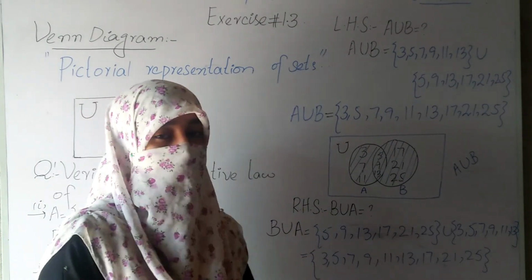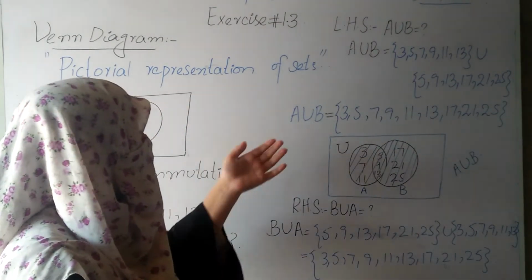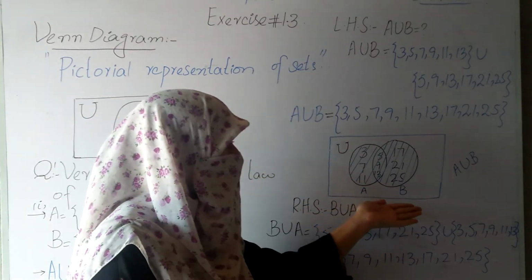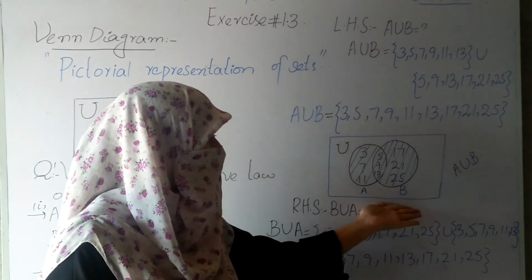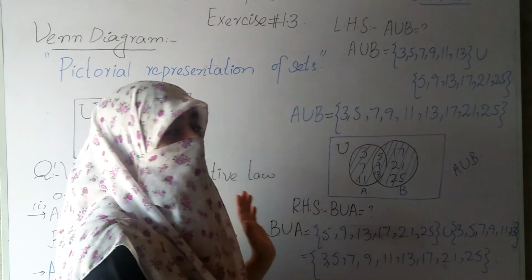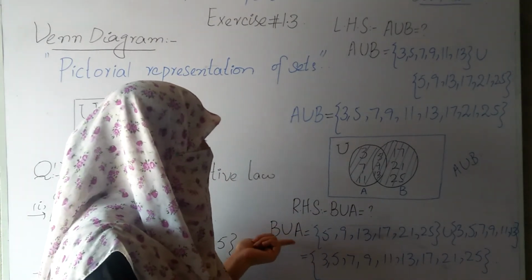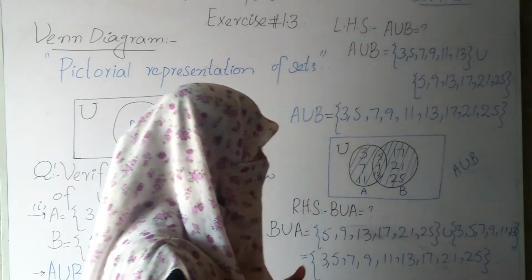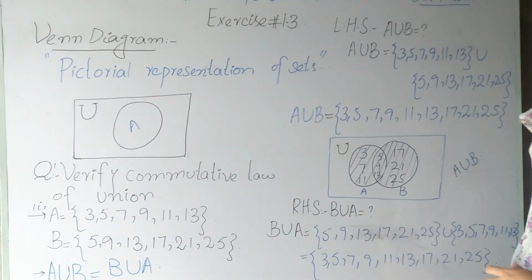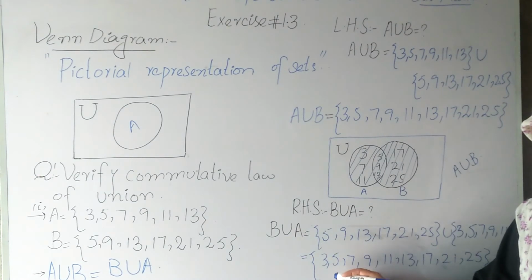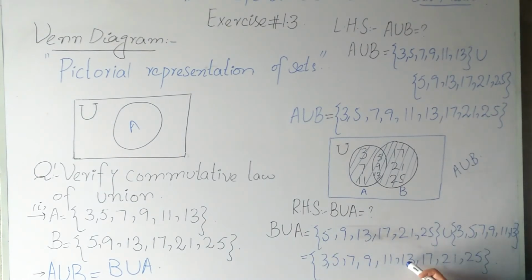Now we draw the A union B diagram, which is this diagram. So also we write the diagram of B union A in Venn diagram form. So look here. Also B union A is 3, 5, 7, 9, 11, 13, 17, 21 and 25.